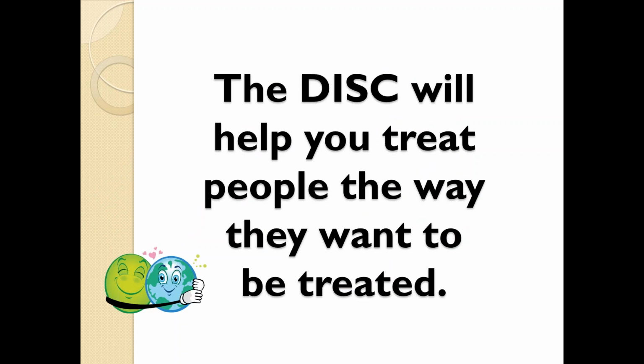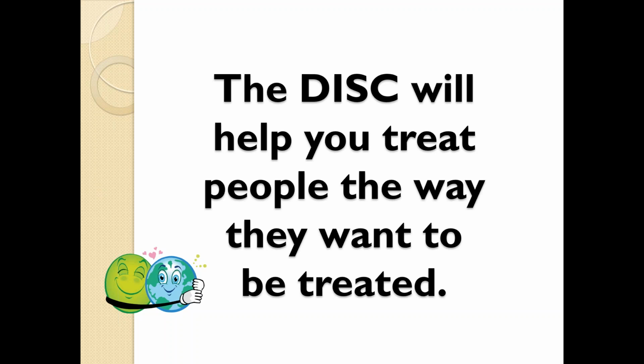So if you were somebody that was a C personality style, let's go back to C being somebody that likes correctness. They like things to be compliant, which means within the regulation. And they like statistics. If you're a high I and you walk into, let's say, a listing appointment, and you want to talk about you and your family and how great you are, and you bring no data, are you going to win the listing?